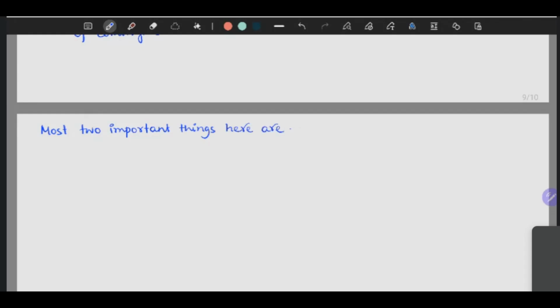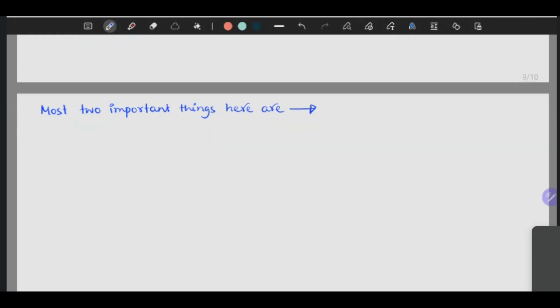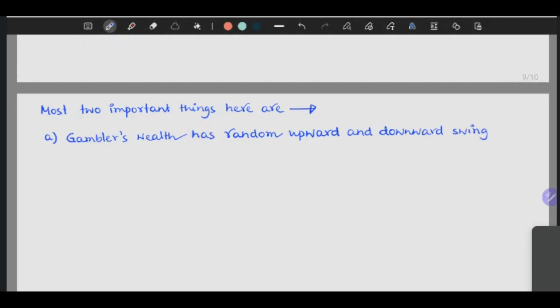First, the gambler's wealth has random upward and downward movement, since he is losing some money and winning some money, swings. Okay, due to its good fortune and bad fortune.